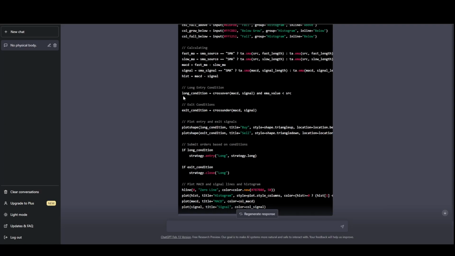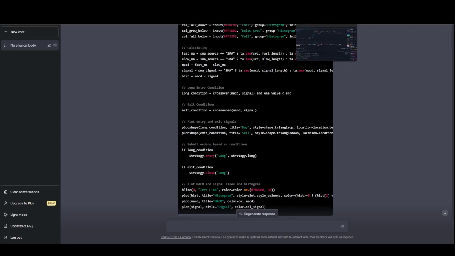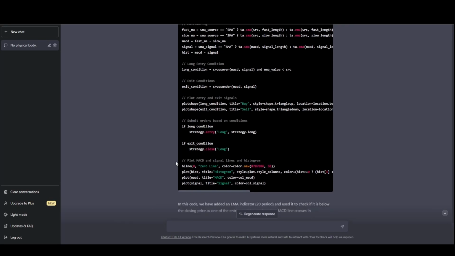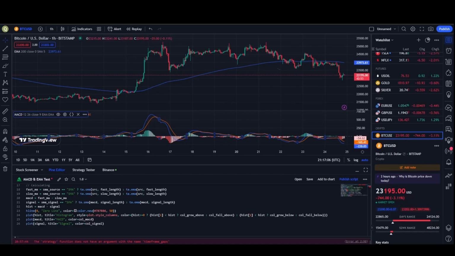So it has given me the long entry condition and the exit condition with what I've asked it to do, but I'm not sure if this script will work, and I don't know how much more of this I can do to make it any better. This of course is what I want to go with.